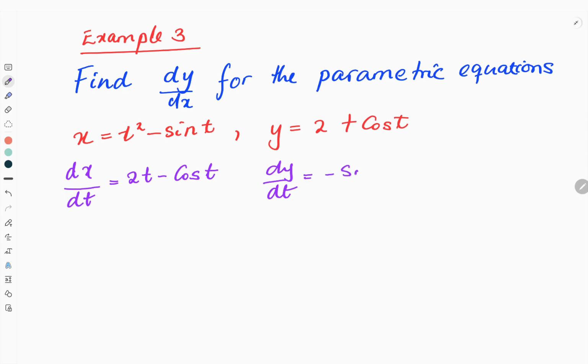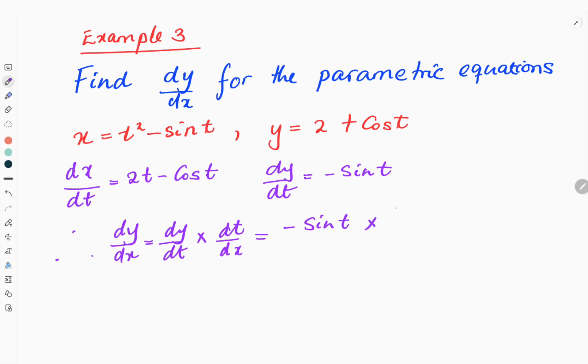So that will be negative sine t. And therefore, dy/dx is equal to dy/dt multiplied by dt/dx, which is equal to dy/dt, it's minus sine t, multiplied by the inverse of that, because we want the dt/dx again.